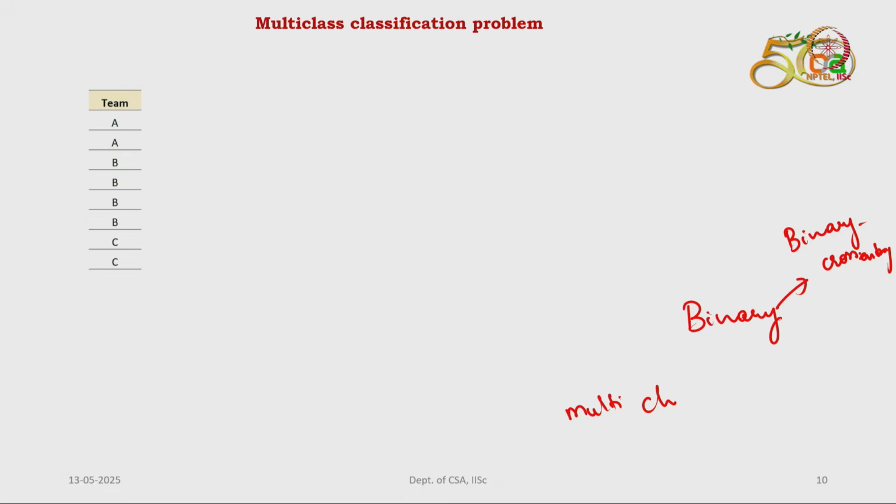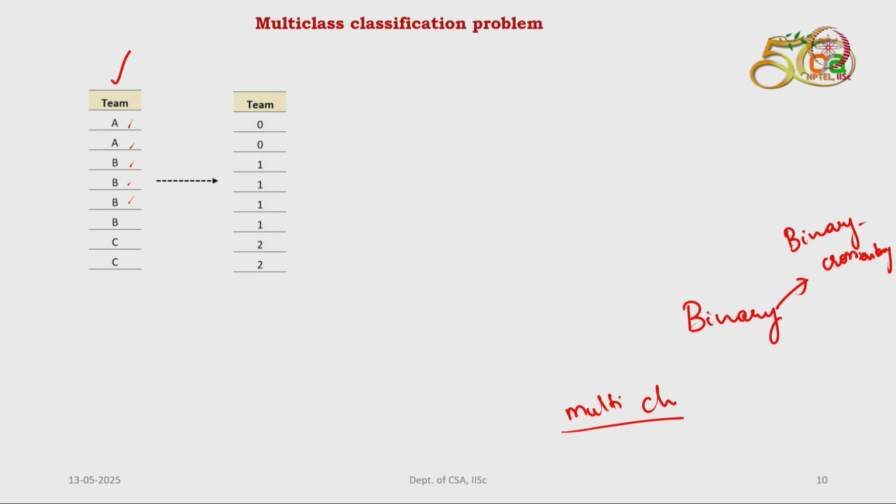Next, if we are dealing with a multi-class classification problem, let us take an example where the labels are A, B and C. Whenever we have labels like this, we do certain pre-processing and convert these labels to something like this.